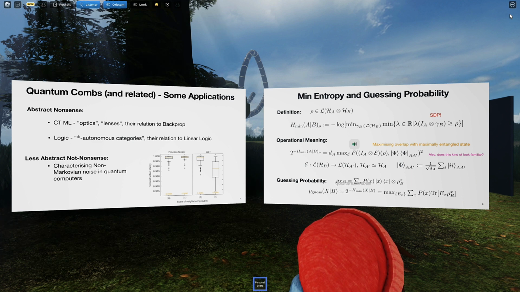So essentially, we're trying to find how much entanglement we can generate from our initial state rho if we maximize over all possible CPTP maps acting only on HB.